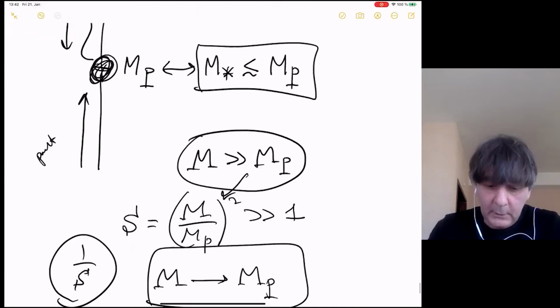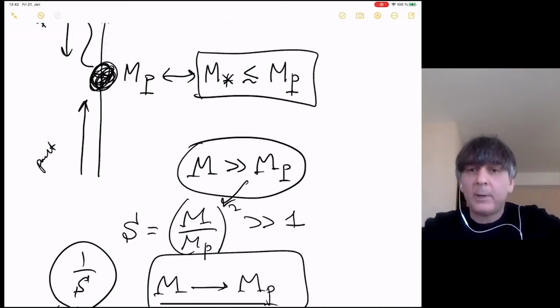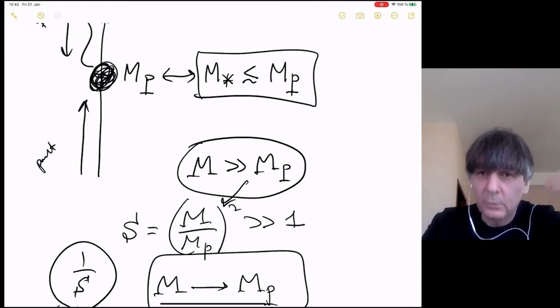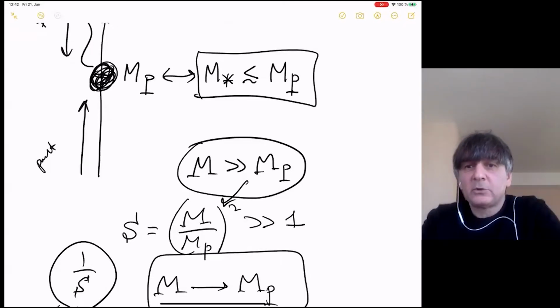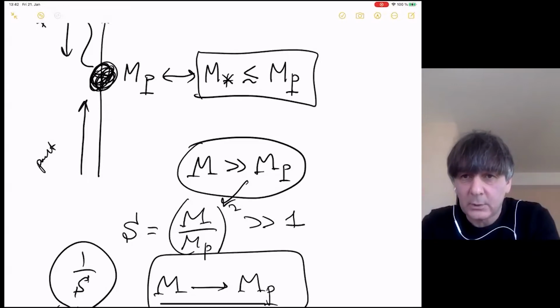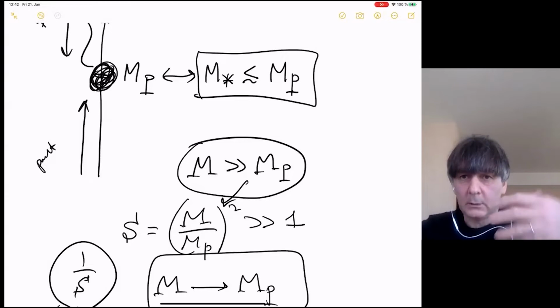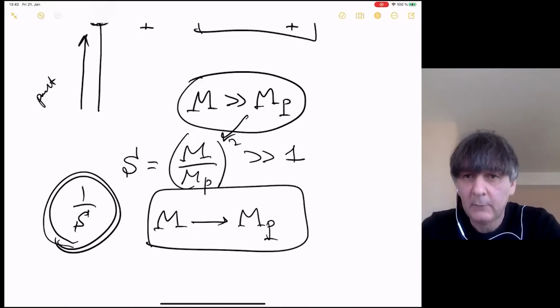But the issue is that this object, with mass m Planck, is neither a black hole in the usual sense, nor an elementary particle. For such black holes, geometric notions are meaningless. You cannot define the horizon or anything like that because 1 over S corrections and fluctuations are very important.